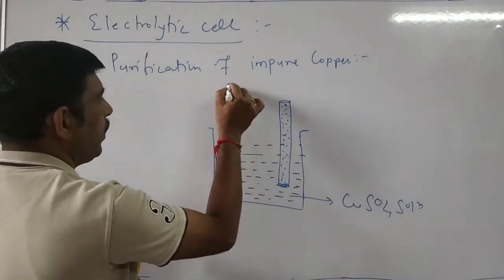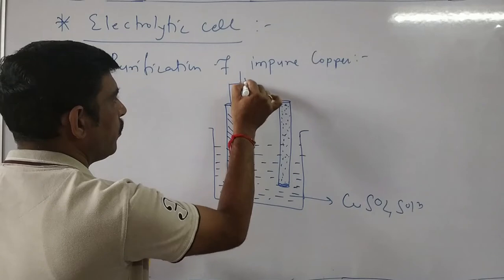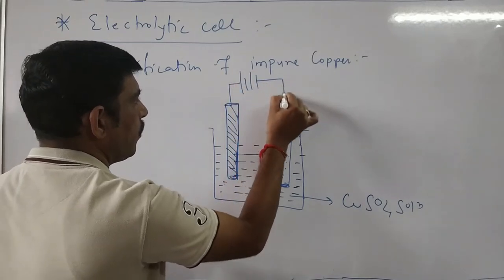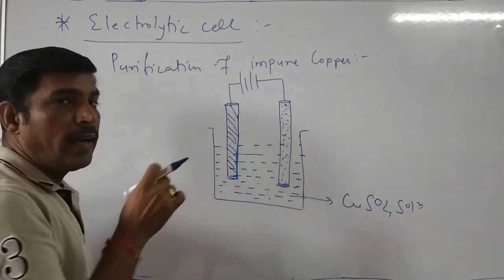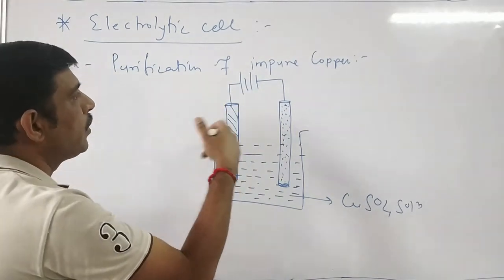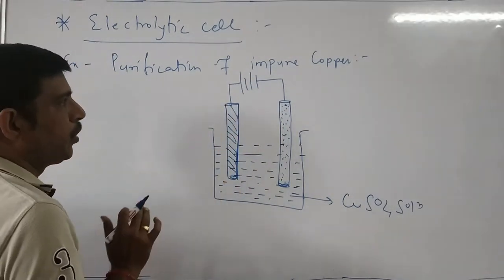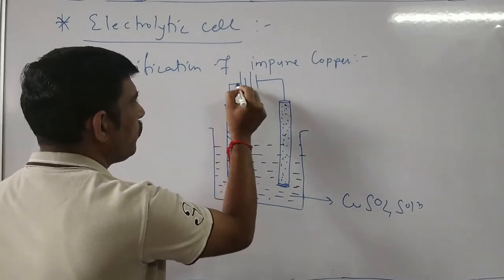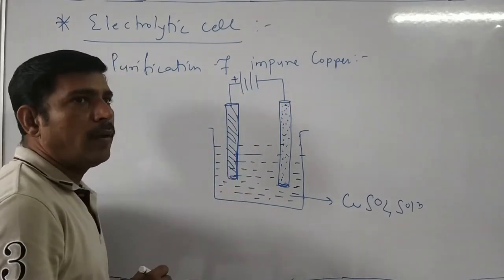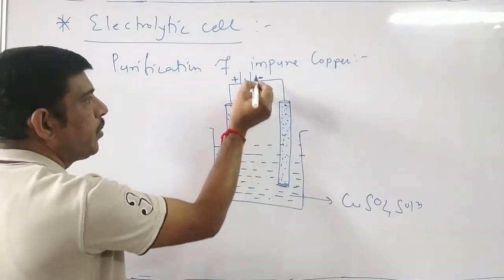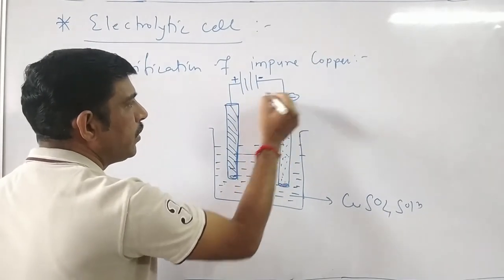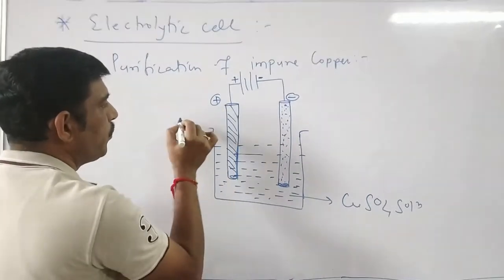Now see what I am doing. This is the battery as the source of electric current for refining copper from the impure one. This is the positive terminal of the battery, and this is the negative. The electrode connected to the negative terminal is the negative electrode, and this is the positive electrode.